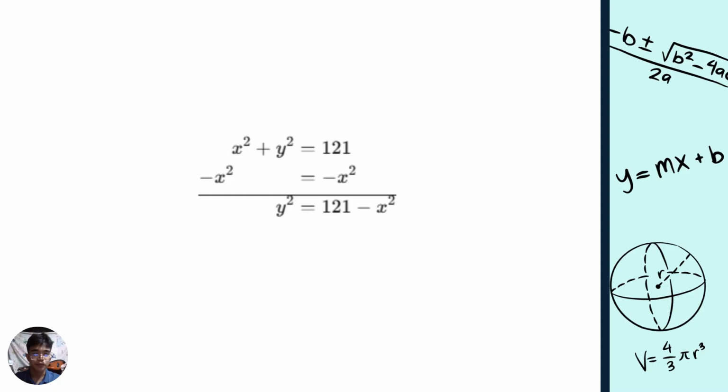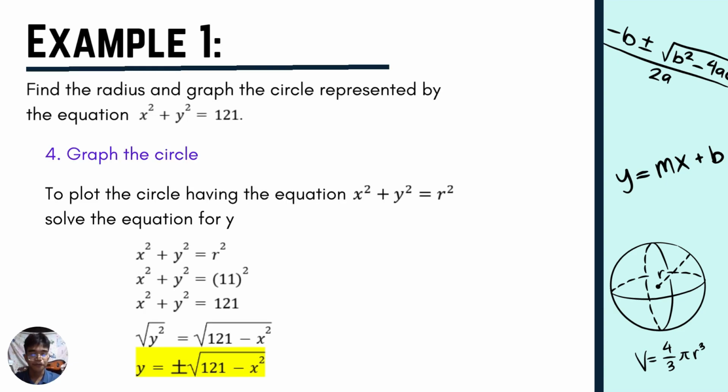To solve the equation for y, we simply subtract x squared from both sides, and we will have y squared is equal to 121 minus x squared. Now we will take the square root of both sides. The square root of y squared is equal to the square root of 121 minus x squared. Now, the square root of y squared is equal to y, and now we will have y is equal to plus or minus the square root of 121 minus x squared.